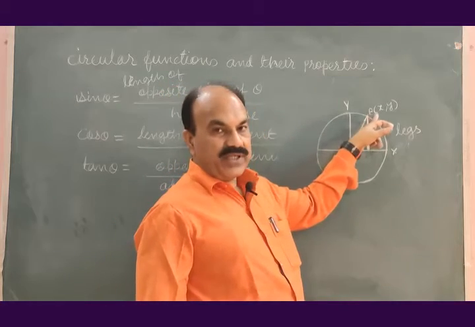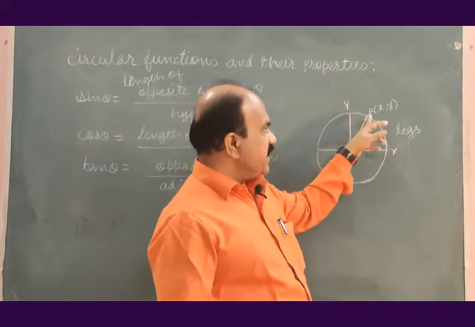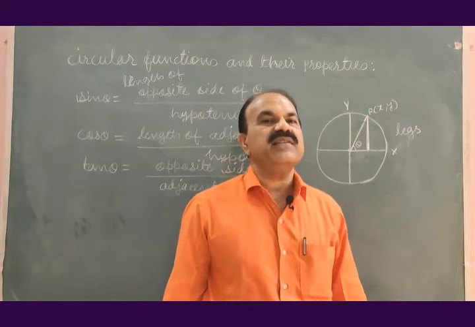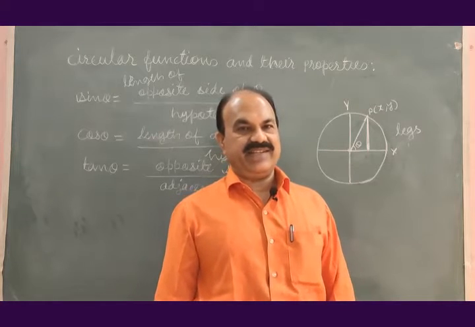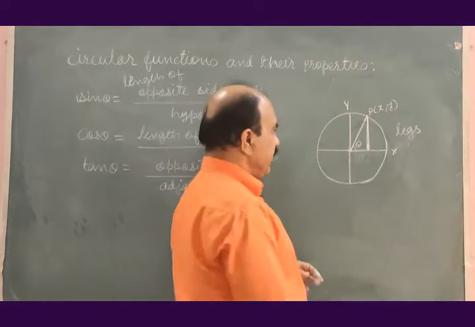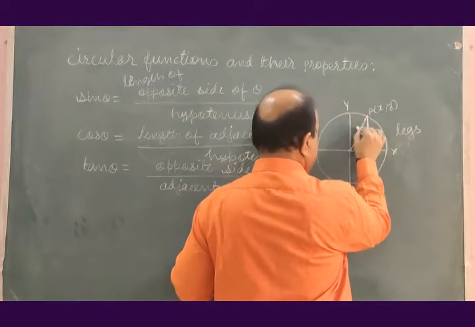This is a single point. Let us suppose this is a point P. Coordinates of this point P are x and y. These are rectangular coordinates. Let me consider this as x, this as y, this as r.